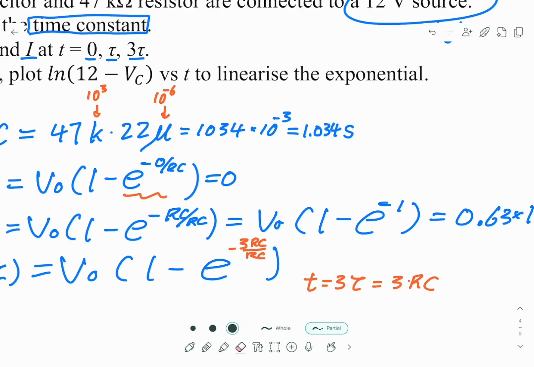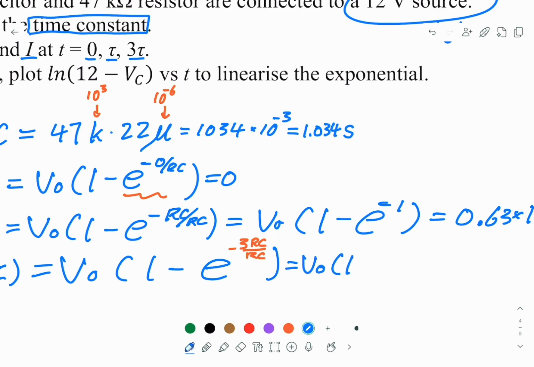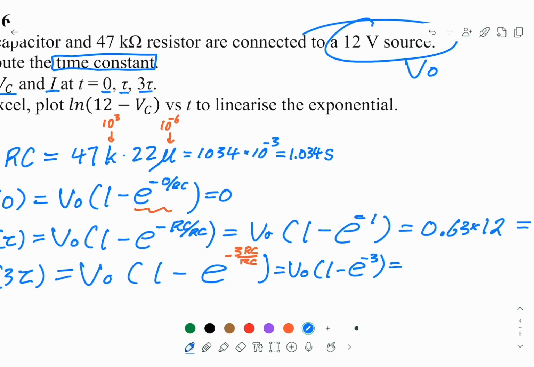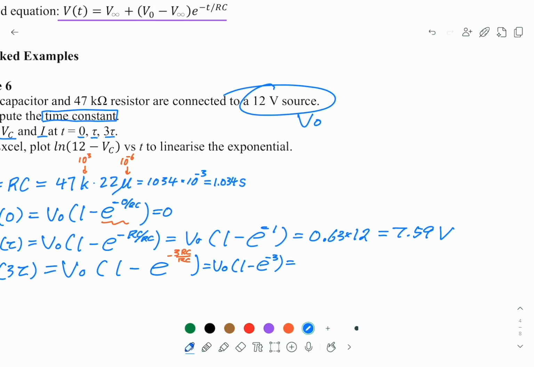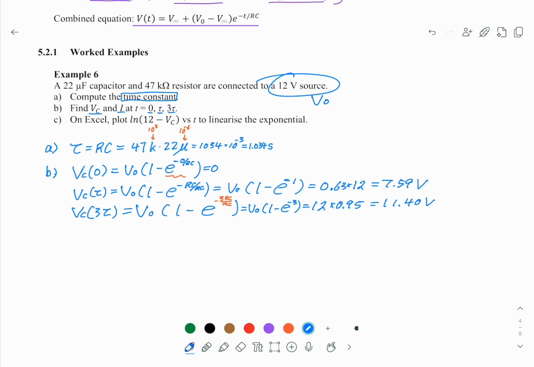This is what 3 time constants means. It should equal V naught (1 - e^-3), which is 12 times 0.95, so 11.40 volts.